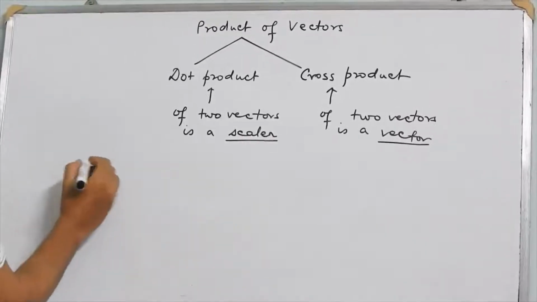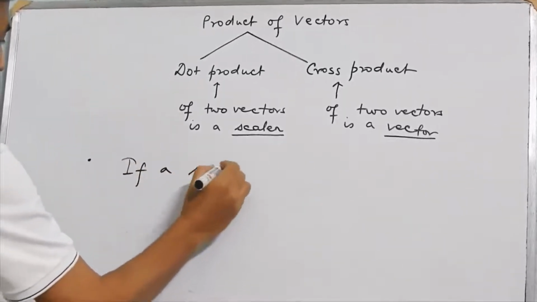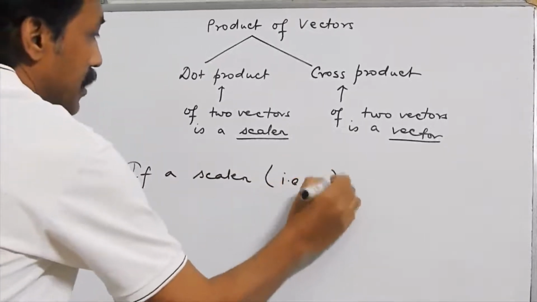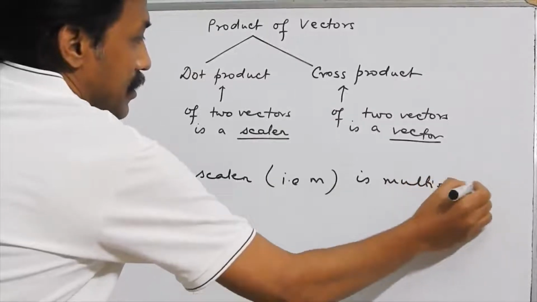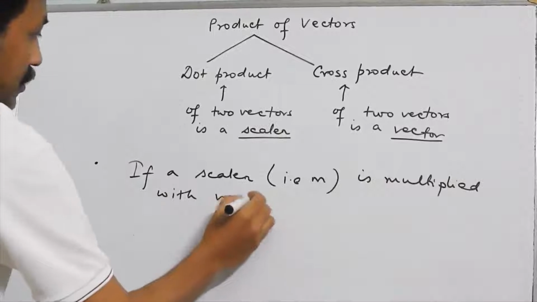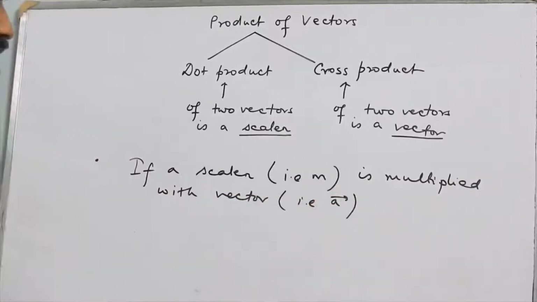So, if a scalar, suppose that scalar is, say, m, is multiplied with any vector, suppose that vector is a vector, then the product is a vector.